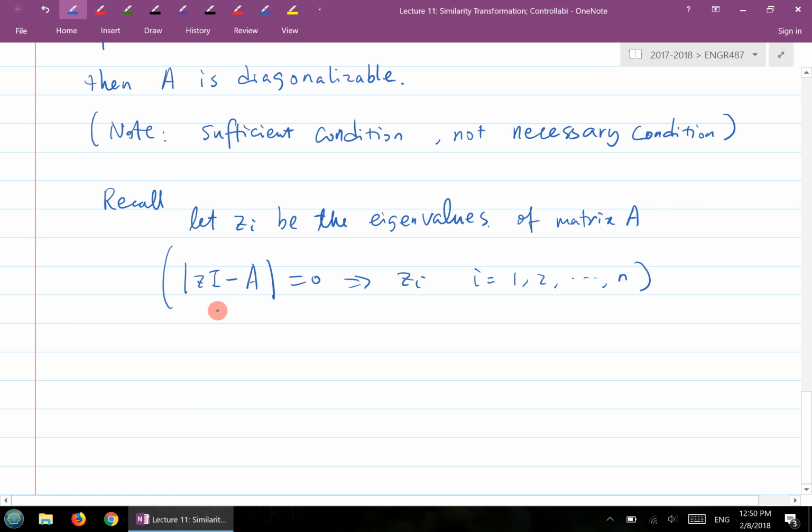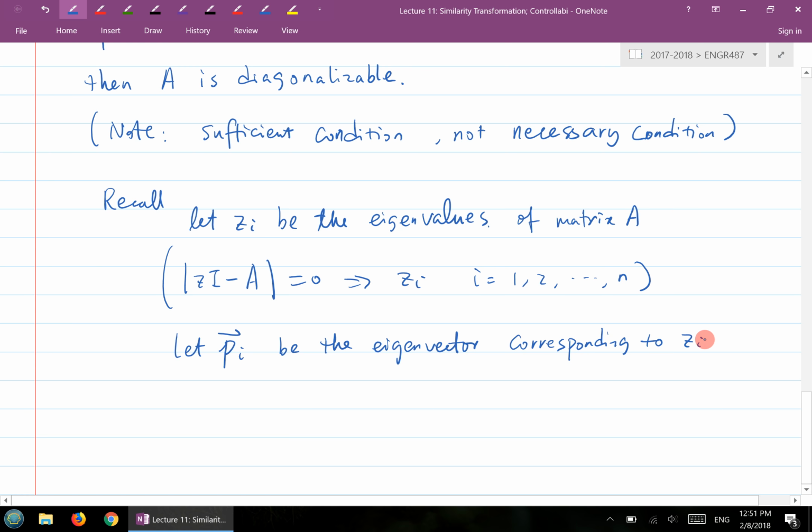For each eigenvalue, as you learned in linear algebra, there is an eigenvector associated with that eigenvalue. So let's let pi be the eigenvector corresponding to zi.